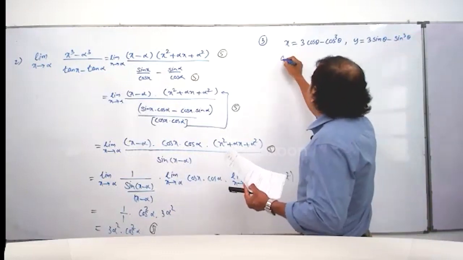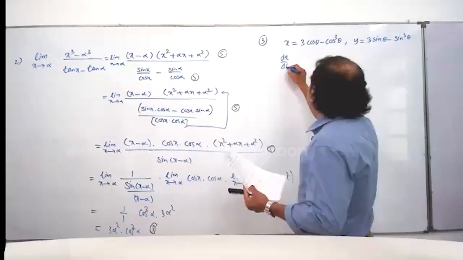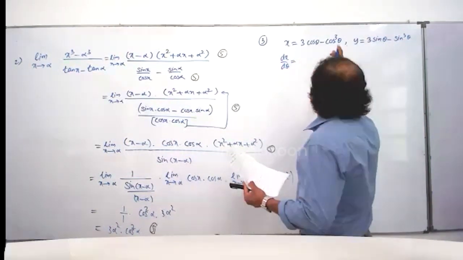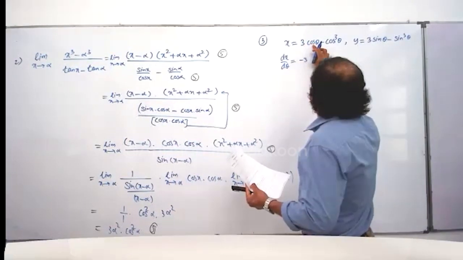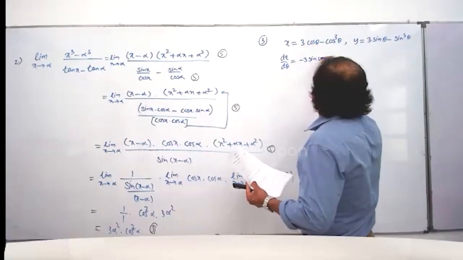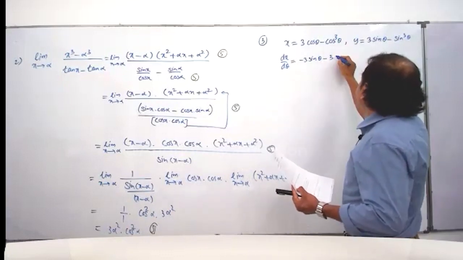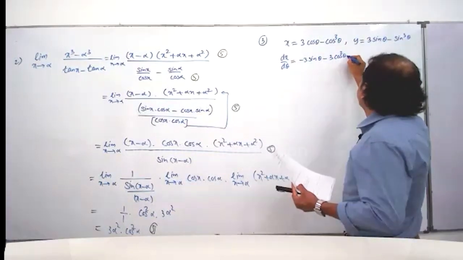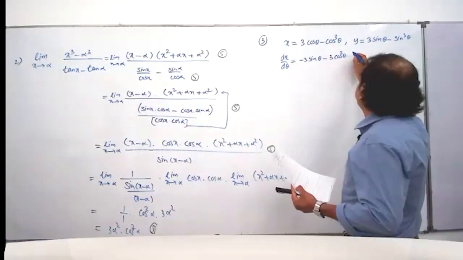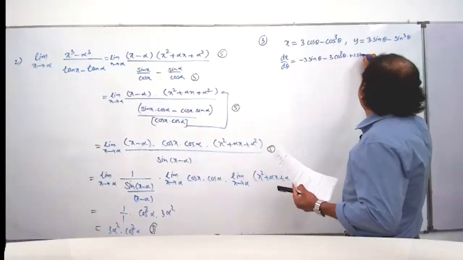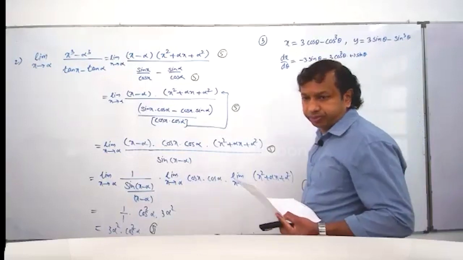Here we can differentiate with respect to theta, because on the right hand side we have theta. The derivative of minus 3 cos theta is plus 3 sin theta. For the power, first we differentiate 3 cos square theta, then the derivative of cos theta is minus sin theta.